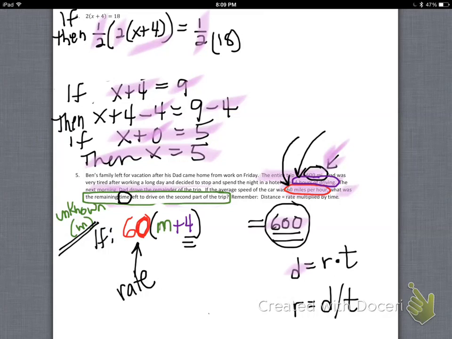We have the r, that's here, 60. Now we need to multiply that r times the t, which is right here, which we only know part of. We only know the 4 part. There is a missing piece right here, which we have called m.